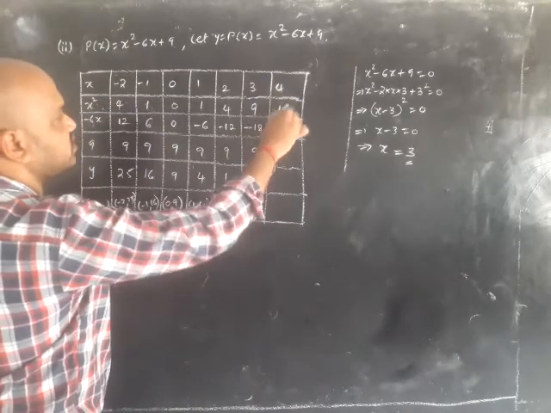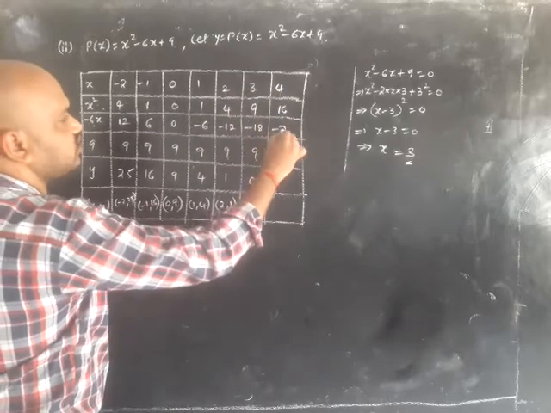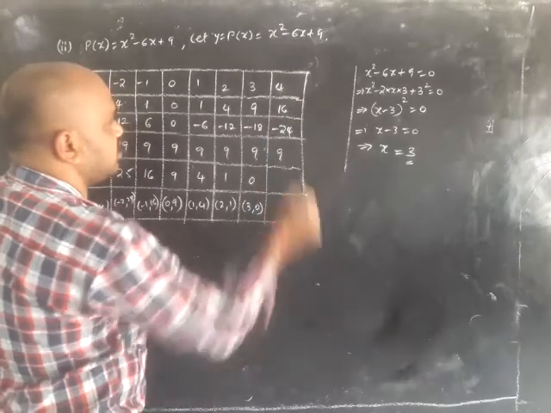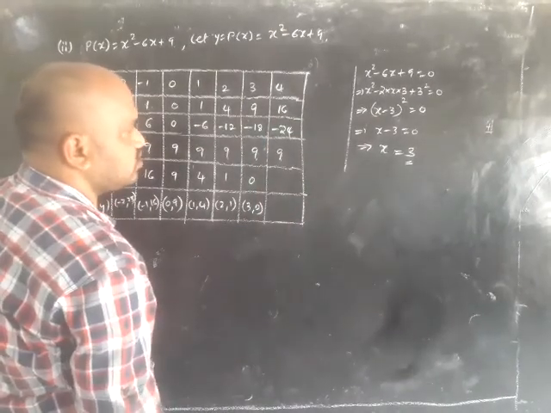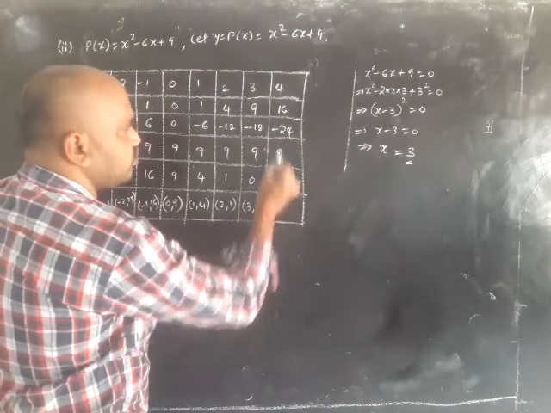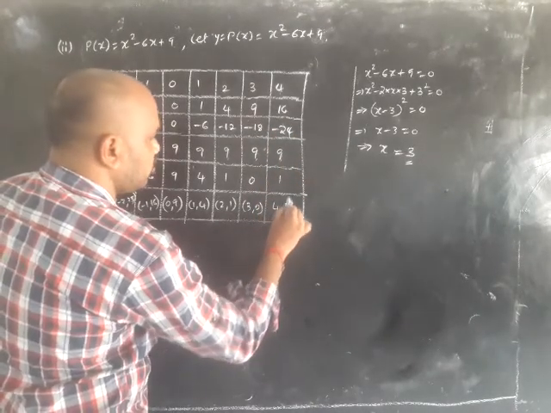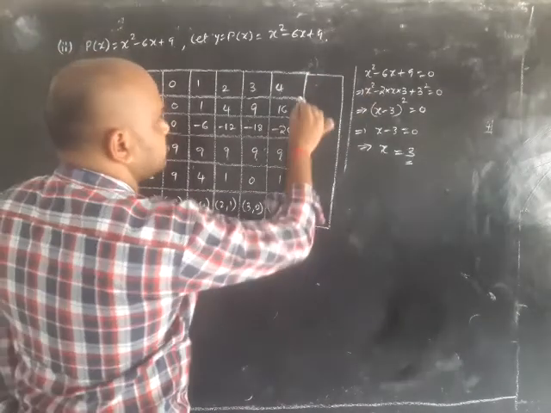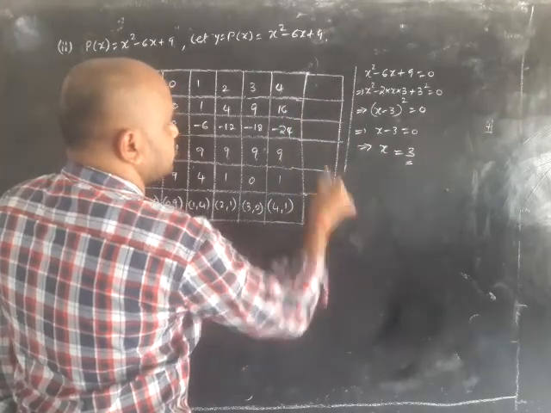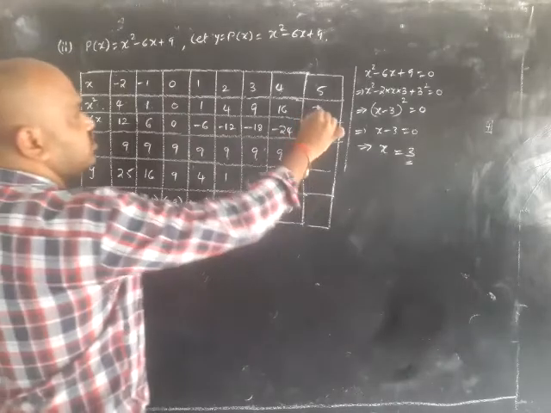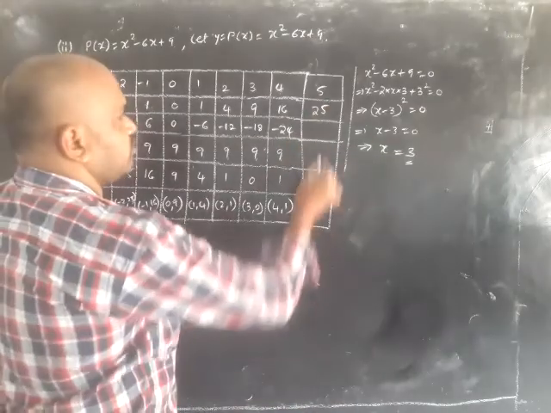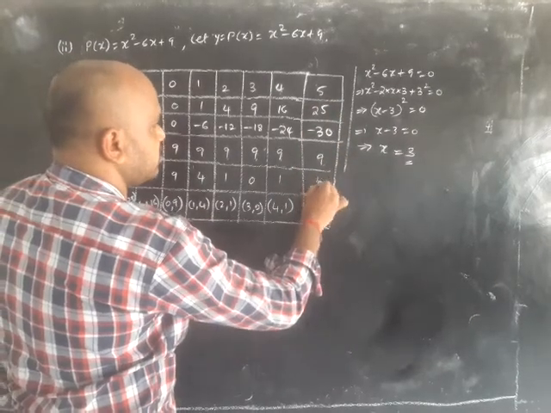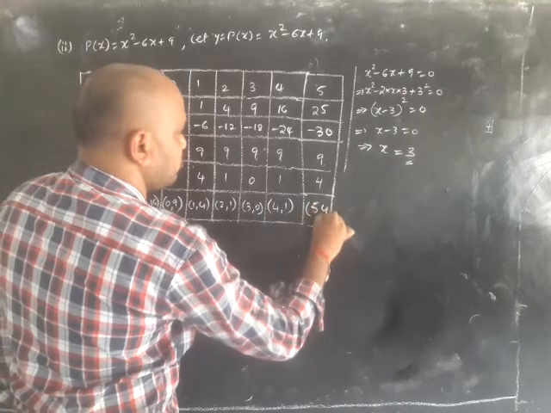4 square is 16. Minus 6 into 4 is minus 24. Next, 9. 16 plus 9 is 25 minus 24 is 1. 4 comma 1. Next, 5 square is 25 minus 30 plus 9, so we get 4 here. The point is 5 comma 4.